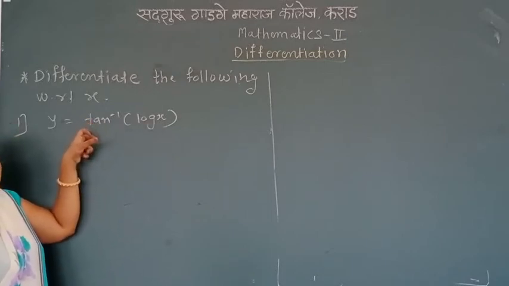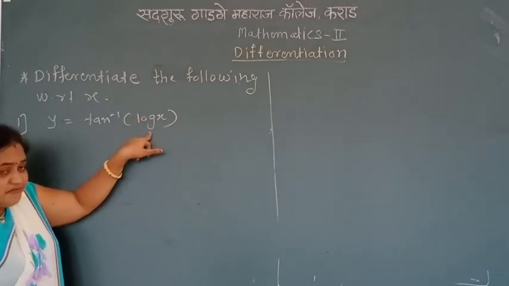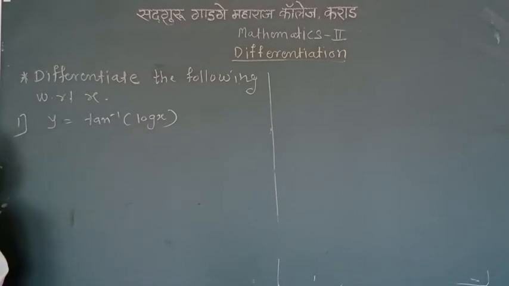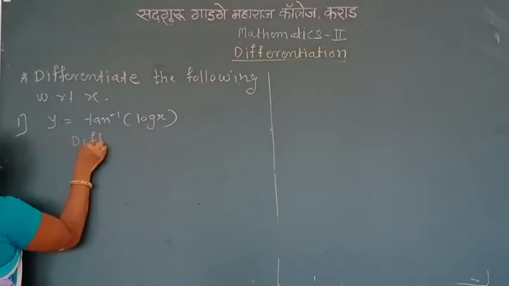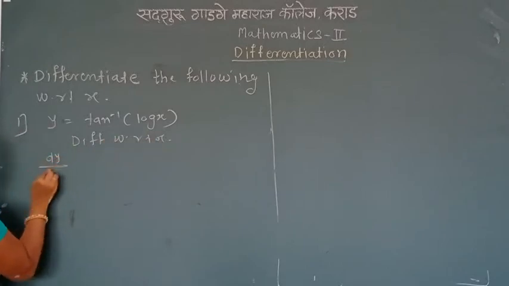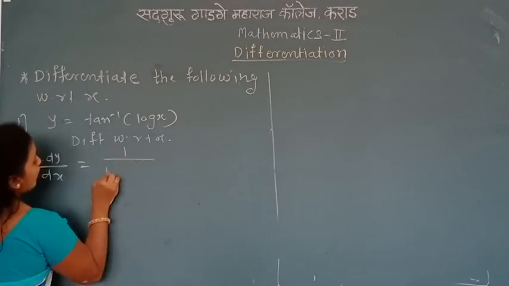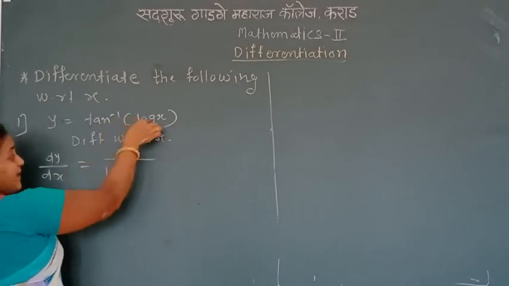That time we find the derivative of tan inverse, and again I differentiate with respect to the sub function, which is log x. So differentiate with respect to x. This y we can write dy by dx is equal to, by the standard function for tan inverse, 1 upon 1 plus x square, where x is replaced by log x.